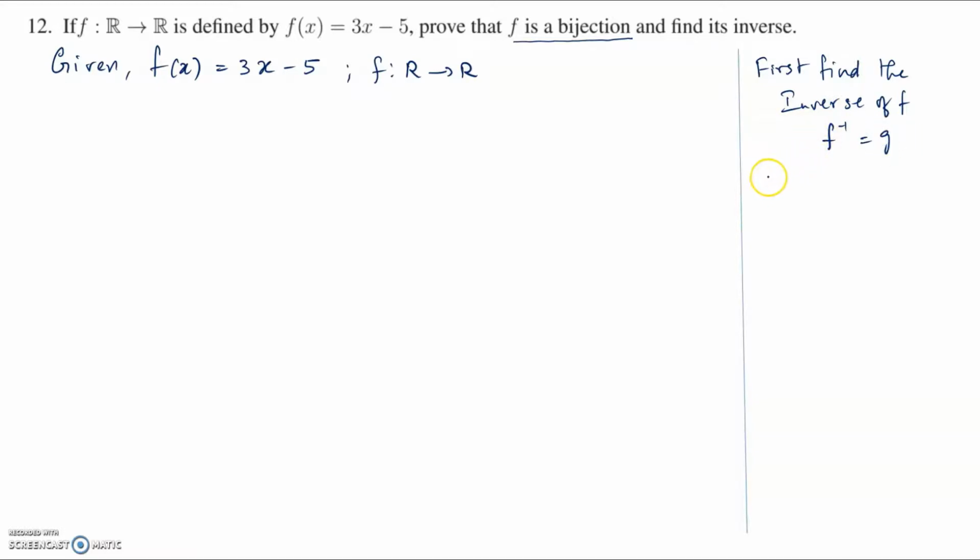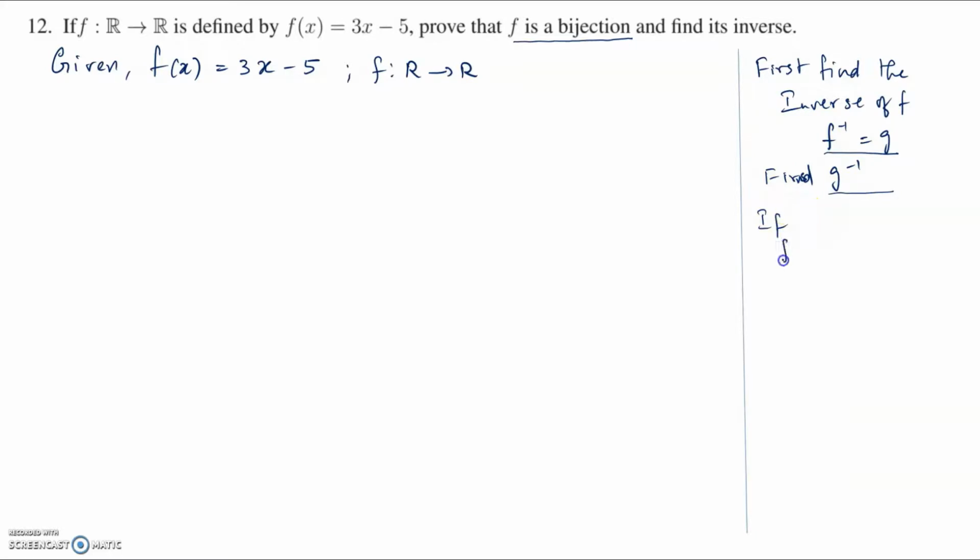Similarly, find g inverse. So step 1, find f inverse and call it g. Then find g inverse.